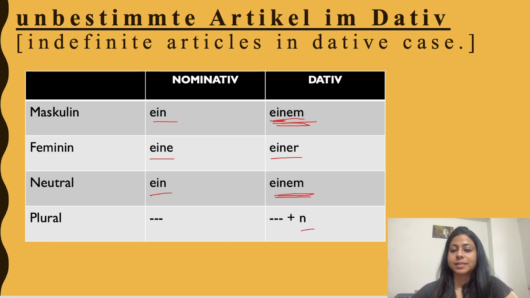Feminine in dative it's der, you remove d, it's einer. Again in dative neutral it's dem, you remove the d, you have einem. You just have to put ein in the beginning and omit the d part. This is also one way that you could remember.